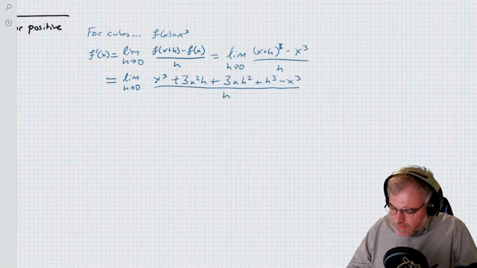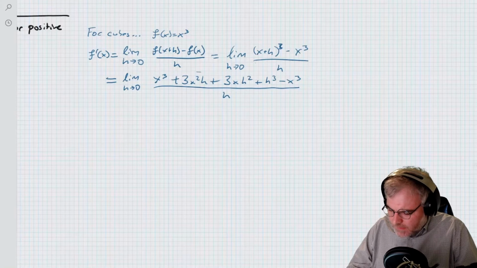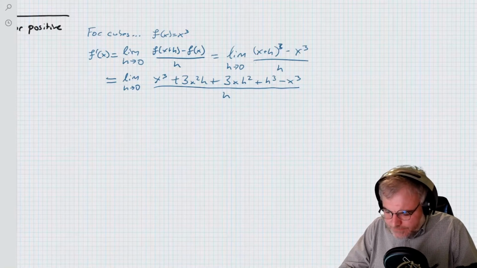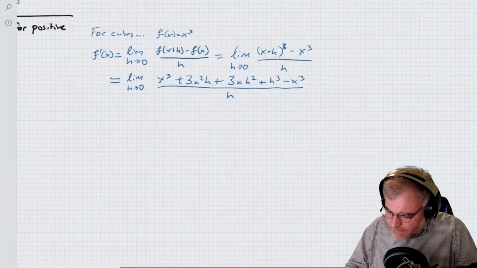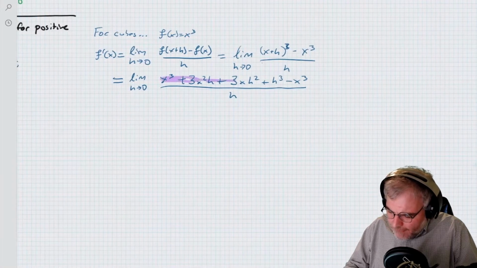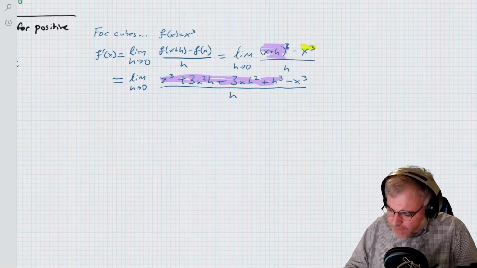So this stuff here came from there, and this stuff here came from that.